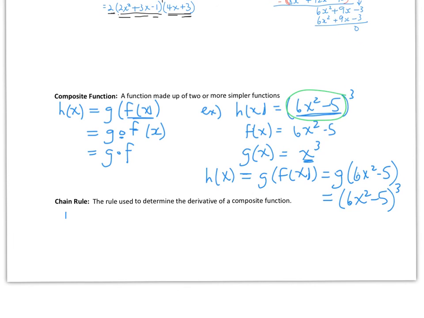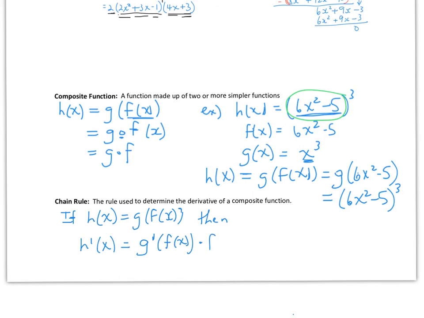So the chain rule says if h of x is the composite of two other functions, so we'll make that g of f of x, then the derivative of h of x, h prime of x, is going to equal the derivative of the outer function at the inner function times the derivative of the inner function. There we are. So we'll put that into practice, but we'll do that in the next video.